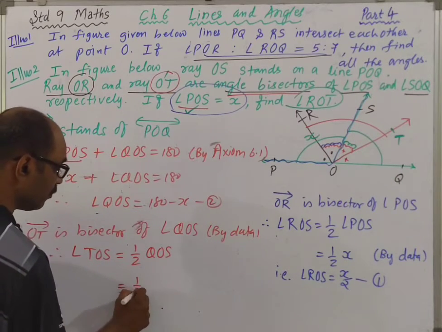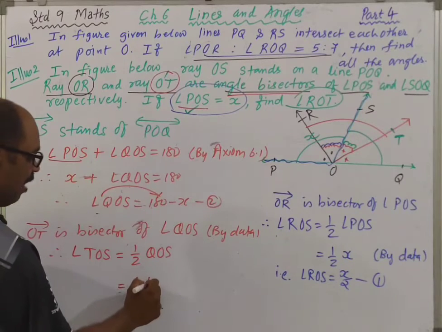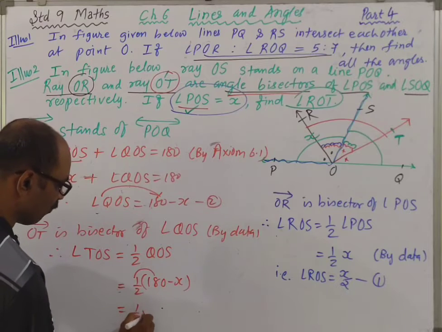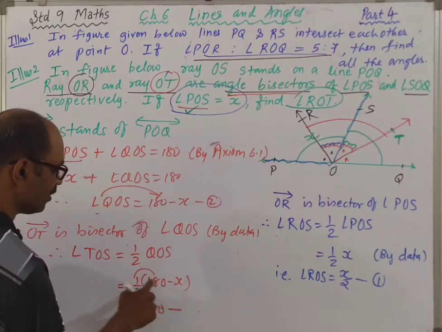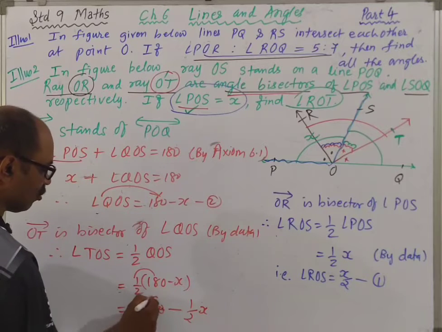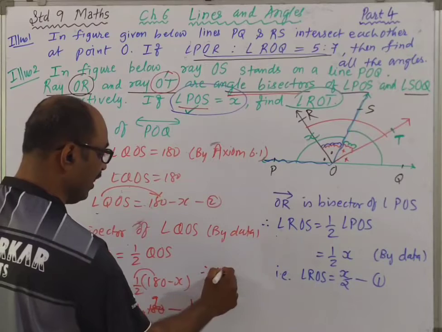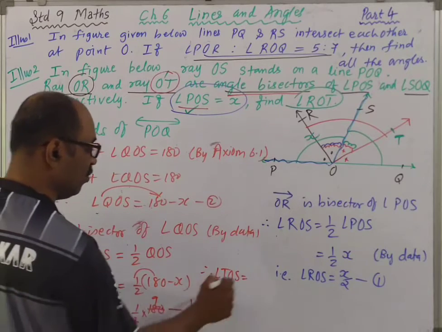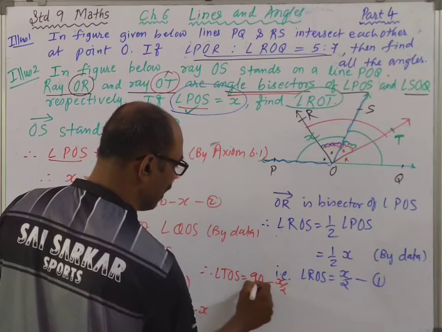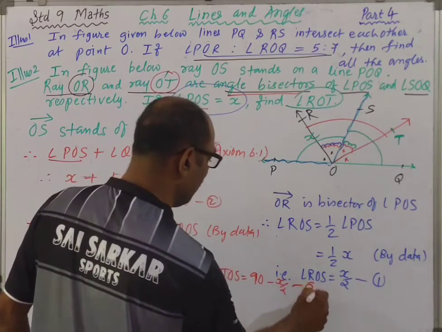That is equal to half of, children, what is QOS now? Half of 180 minus x. You distribute. Half of 180 minus half of x. Distributive law. Two 1s are 2, 90s are. Therefore, angle TOS is equal to 90 minus x by 2. Half of x is x by 2. This is result number 3.